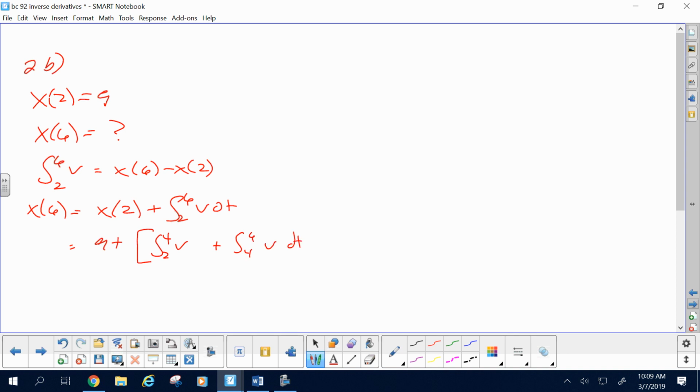There's the additivity idea of integrals. This is what you're to use. This is very nice work if you show that, but if you just went straight to 9 plus the integral from 2 to 4 is -5, and the integral from 4 to 6 is 10, that is where they're getting their answer 14. I assume that's the answer. You with me? Yeah. Okay.